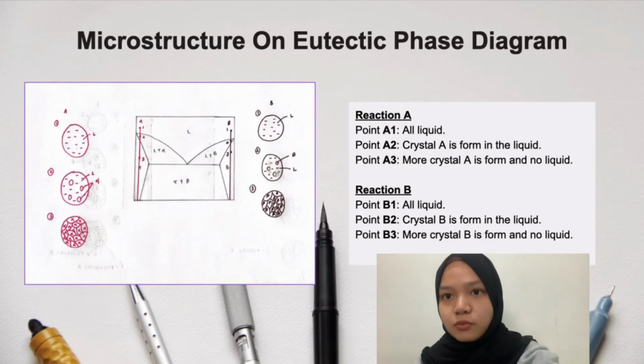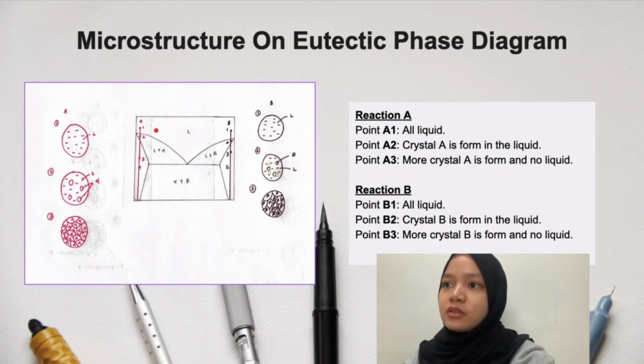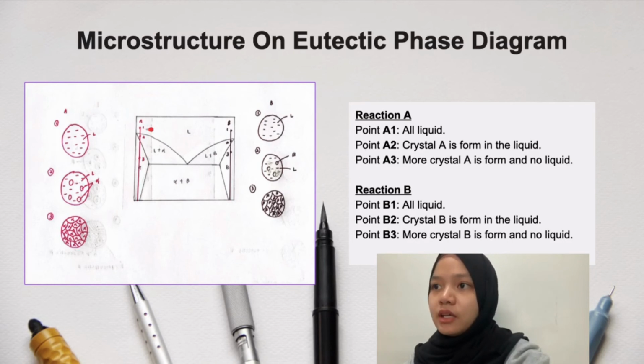So for the last one, I will explain the microstructure of the eutectic phase diagram. As you can see in the diagram, there are two lines which indicate two reactions. First, we will observe reaction A. At the higher temperature, the microstructure is in the liquid phase.